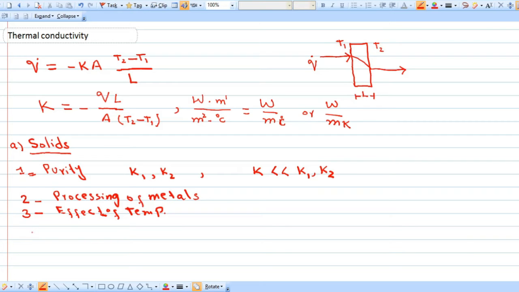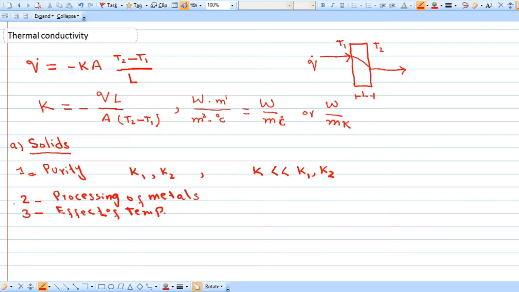As we increase the temperature, the vibration kinetic energy of the molecules is increased in the non-metals, and thermal conductivity is also increased due to increase in vibration and increase in kinetic energy transfer to the neighboring molecules.